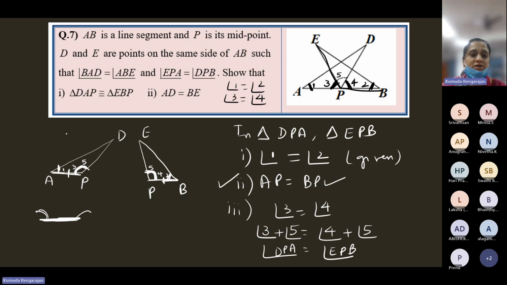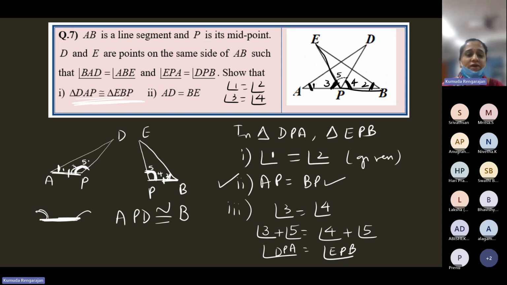Now, the order is given in the question. Supposing you write it by yourself, if you say APD is congruent to, when you say APD, A goes with B here because angle 1 is equal to angle 2. So A goes with B. And P is the same angle, meaning vertex P in the first triangle and vertex P in the second triangle.